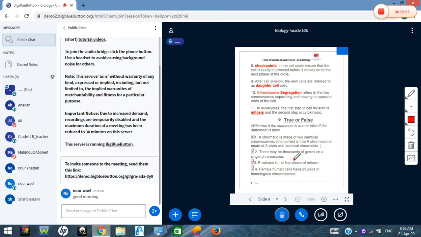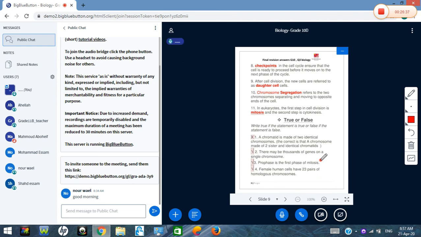Number two, there may be thousands of genes on a single chromosome. Maybe the one chromosome carries 1,000 genes. It's right.